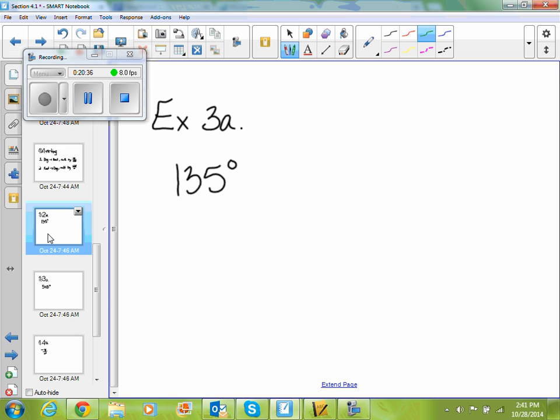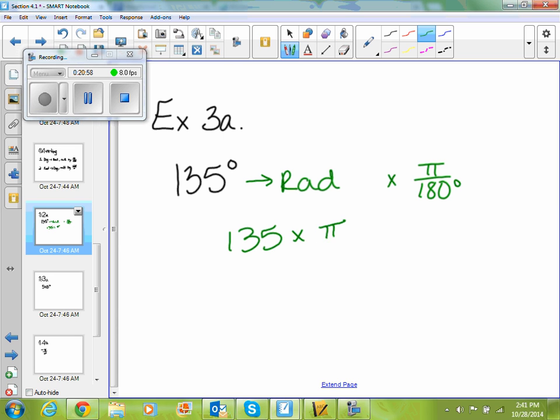Alright, so we're going to take 135 degrees and we're going to convert it to radians. So we said to go from degrees to radians, that we multiply by pi over 180 degrees. Okay, so I'm going to take 135 and I'm going to multiply by pi over 180. And this is the same thing as 135 over 1. So I end up with 135 pi over 180, which then I can just start reducing.